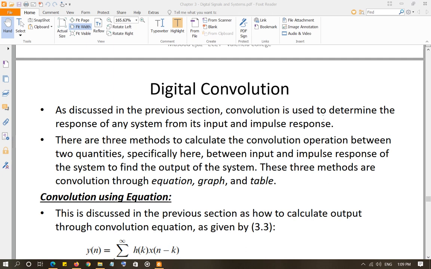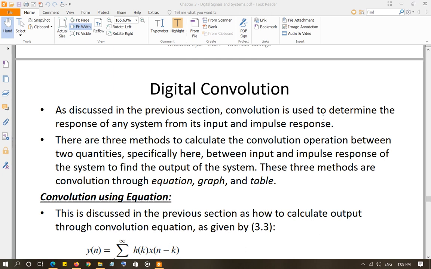So, last part of this chapter number 3, we discussed how the impulse response can be used to calculate the output of any linear time invariant causal system for any input. And the way we do it is we take the convolution between the impulse response and the input.